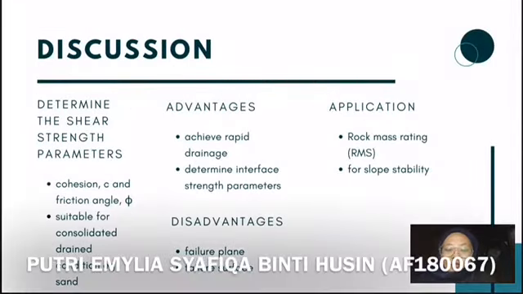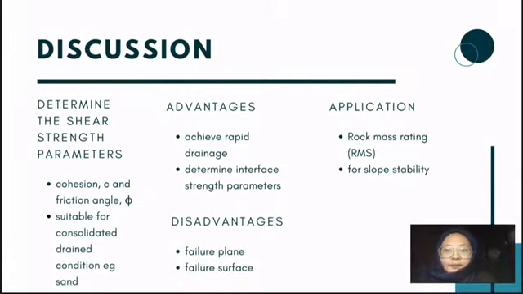Assalamualaikum, my name is Putri Emylia Shafiqa binti Husin. My matric number is AF180067. I will present the discussion. Basically, from the direct shear test experiment, we can determine the shear strength parameters of the soil, such as cohesion and friction angle.